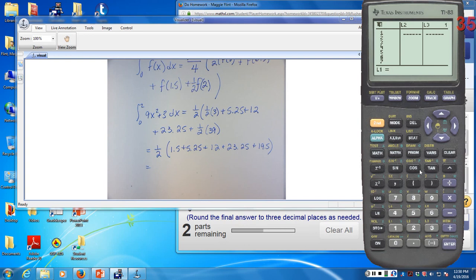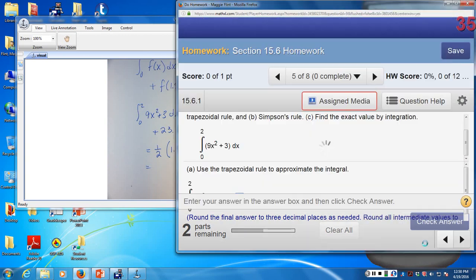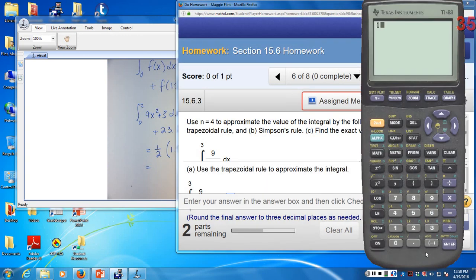In list 1, you want to put your endpoints of each one of the increments. So you're going to go 0, 0.5, 1. Whoa, whoa, whoa. Come back here. Start at 0. Each one of the rectangles is 1/2 wide. You've got 4 rectangles over an interval that's 2 units long.